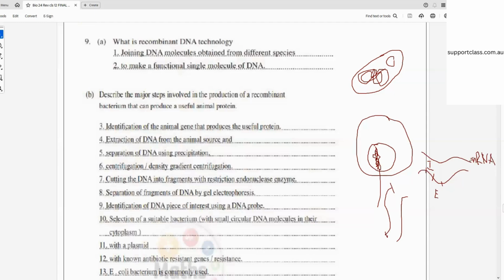Gene expression has two parts. First part is transcription. Other part is translation. Transcription is copying it down to the mRNA.